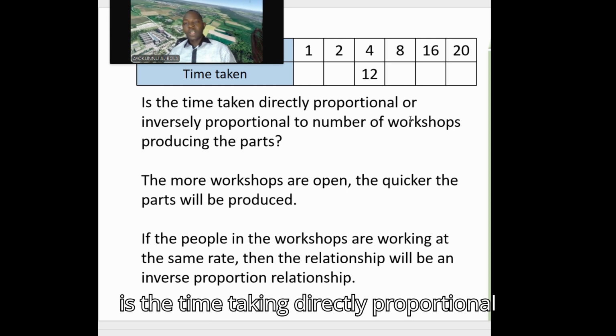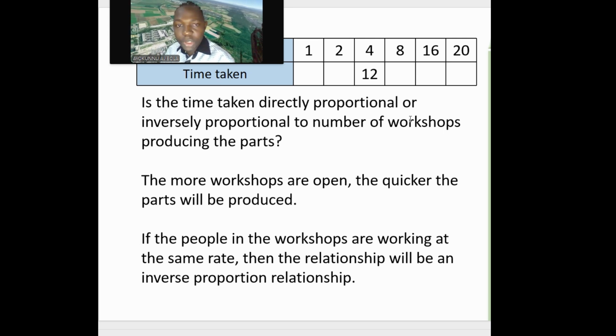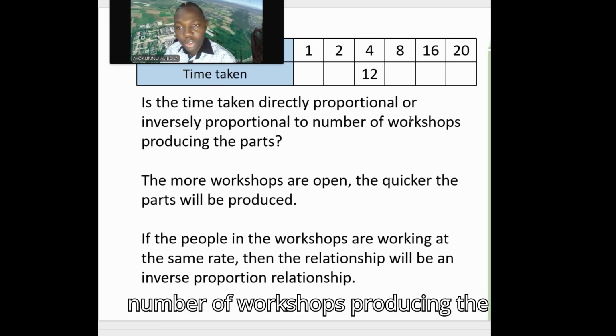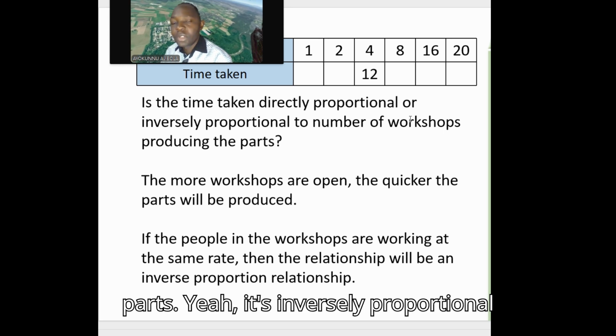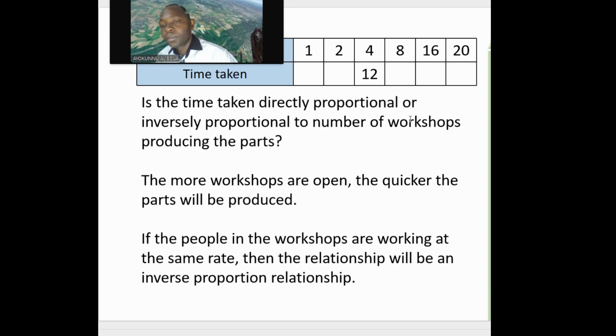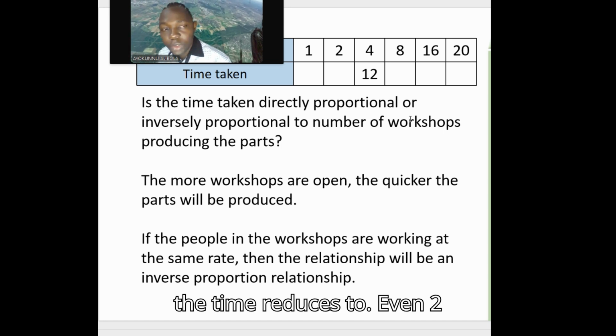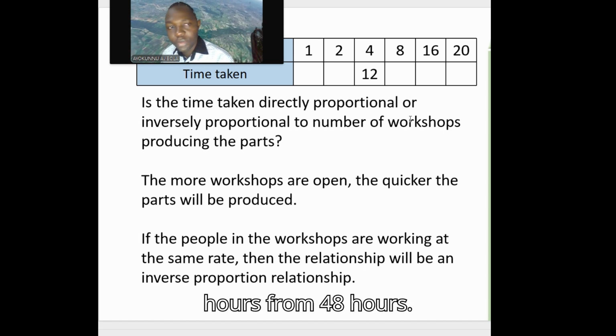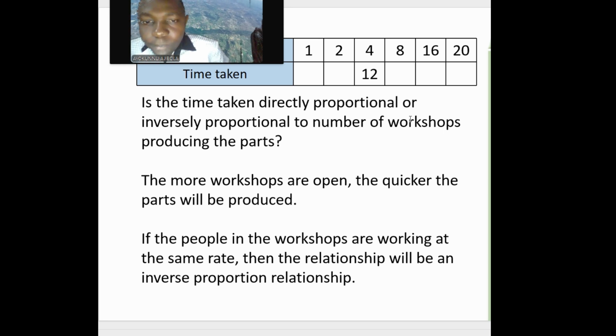It said, is the time taken directly proportional or inversely proportional to the number of workshops producing the parts? Yeah, it's inversely proportional because as the workshops increase, the time reduces to even 2 hours from 48 hours.